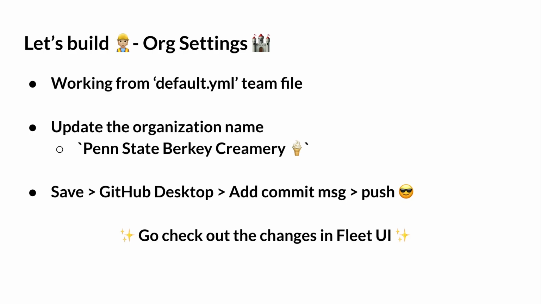So the example that we're going to do right now is just an organization name update. By default, it's just Fleet, but let's update it to something like Penn State Berkey Creamery. So let's do it.